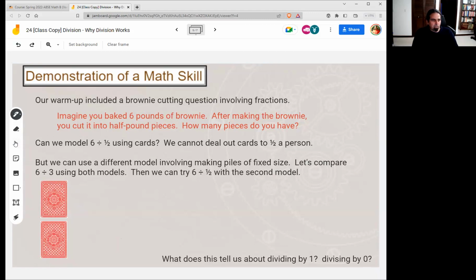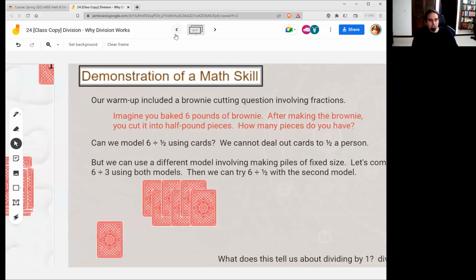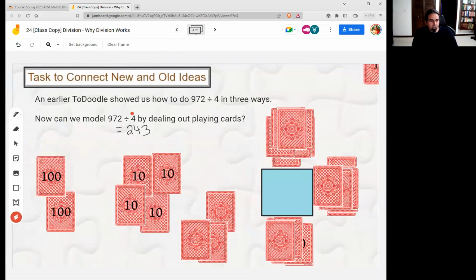So I have a card. I want 6. 1, 2, 3, 4, 5, 6. I have 6 cards in my hand. Now I want to deal out cards first, with what we did. I want to make as many piles as this number.